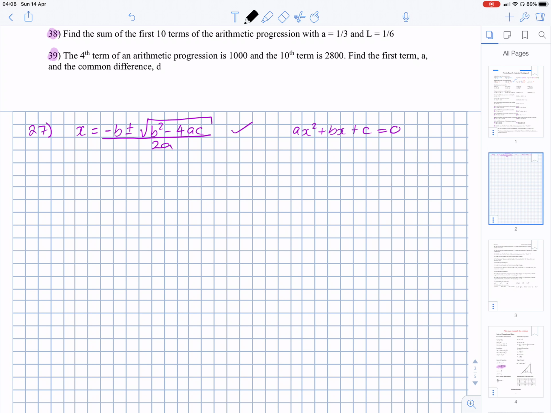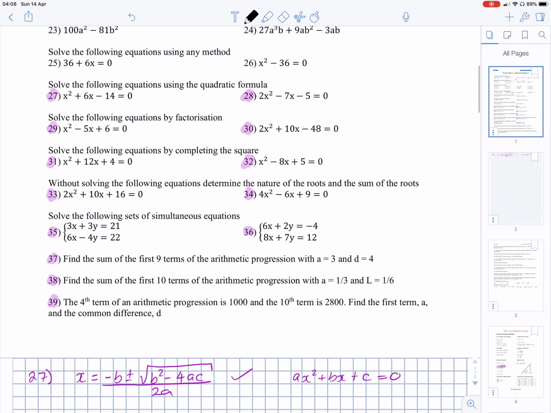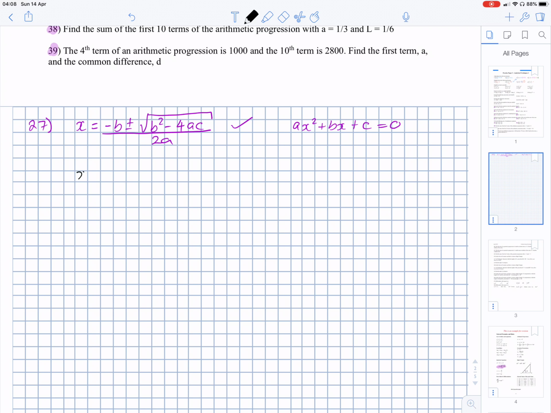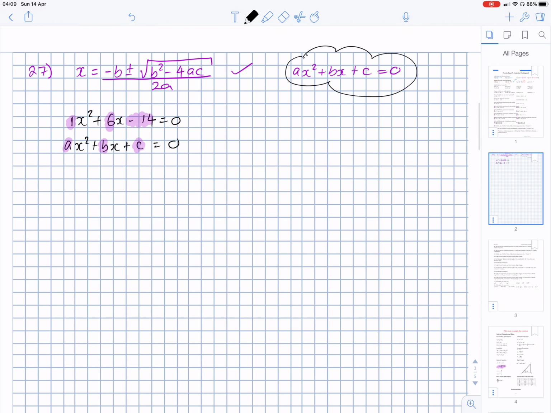So if we have an equation like 27, which is x squared plus 6x minus 14 equal to 0, and we write it down here, ax squared plus bx plus c equals 0, it means that a equals 1, b equals 6, and c equals minus 14.